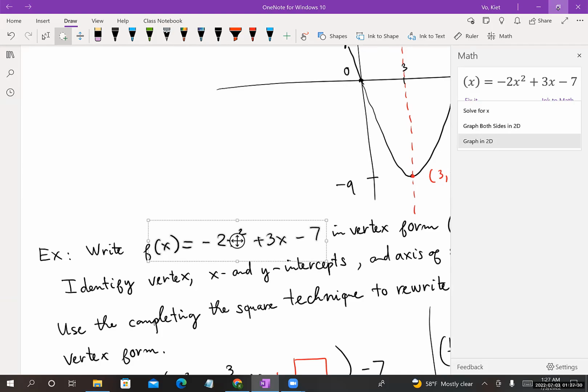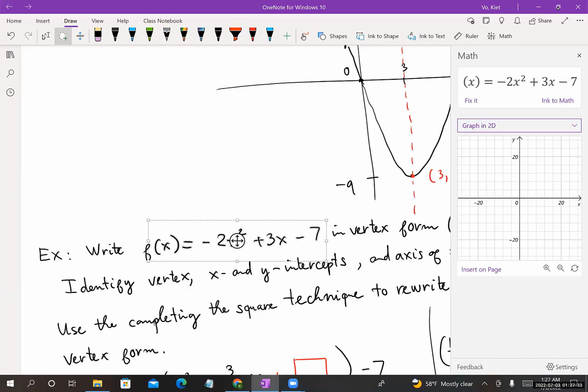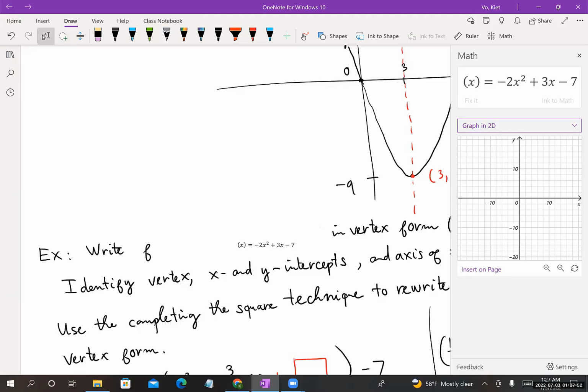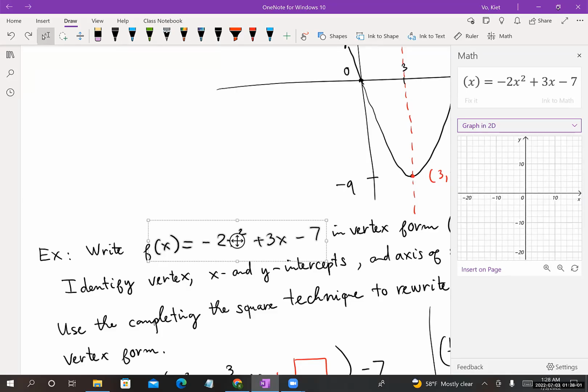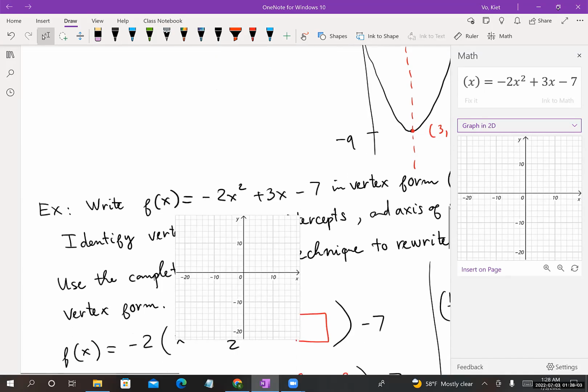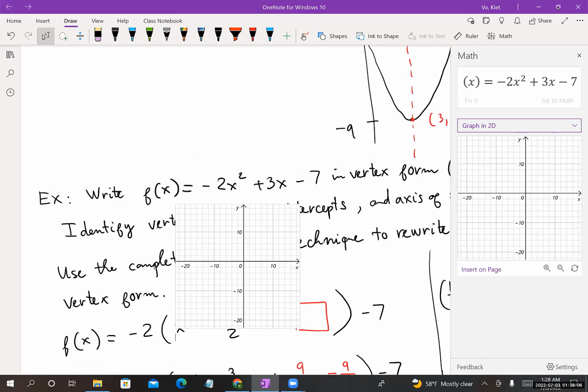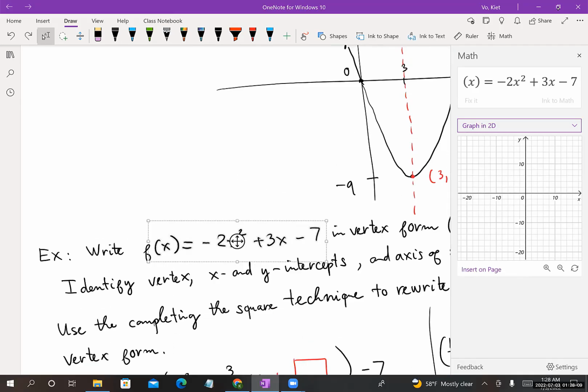Graph in 2D. Oops. I'm not sure why it's not graphing.